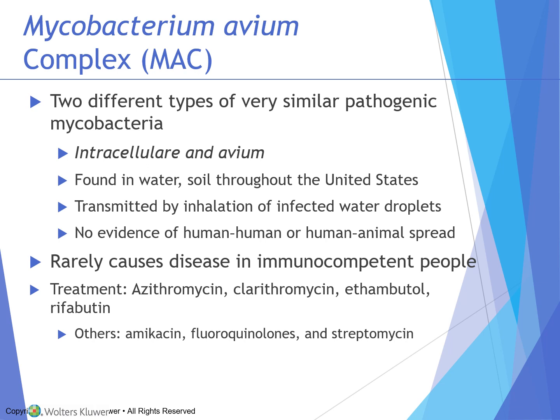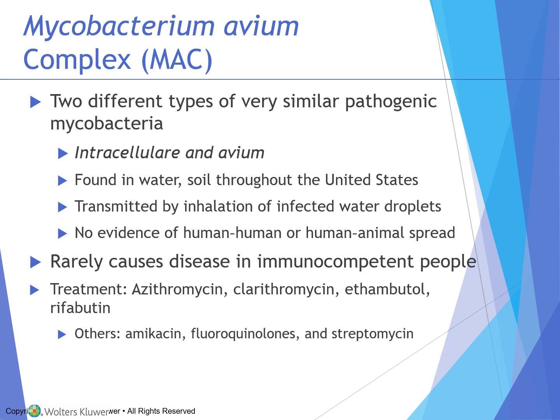This type of complex or disease will show similar manifestations and symptoms as tuberculosis. So the cough, the fever, the night sweats, the malaise, the fatigue. And the treatment for this is azithromycin, clarithromycin, ethambutol, and rifabutin.